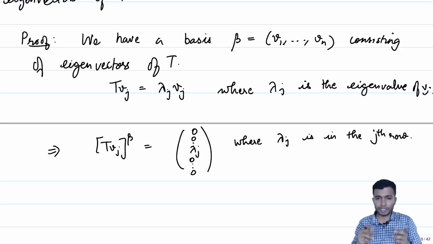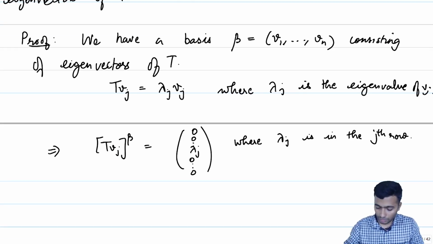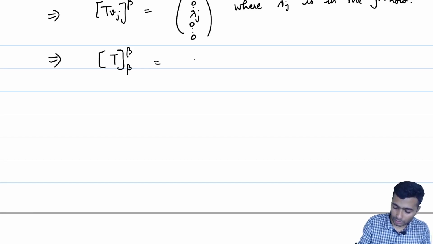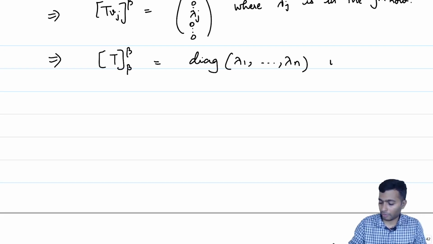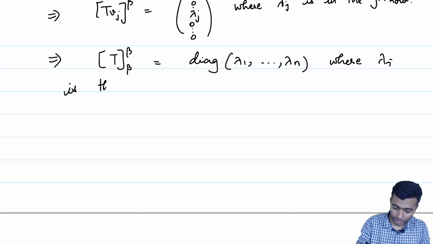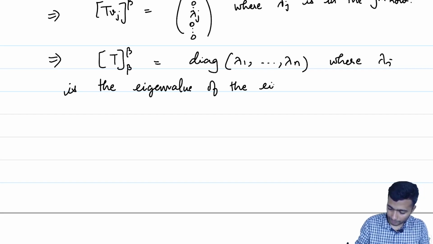But the coordinate vector of T Vj will just turn out to be the jth column of the matrix of T, and piecing this together, we have the matrix of T with respect to beta will just turn out to be the diagonal matrix of lambda 1, lambda 2 up to lambda n, where lambda j is the eigenvalue of the eigenvector Vj.